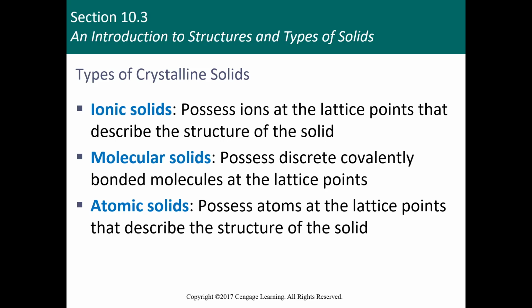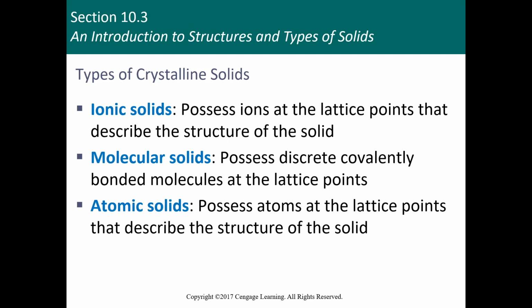Molecular solids, these are going to possess discrete covalently bonded molecules at your lattice points. And these are going to be different because they will have discrete molecules at these points. Okay, so those are those covalently bonded molecules, things like water, etc. And yes, of course, water can make crystals, and that's why we get things like snowflakes, right?